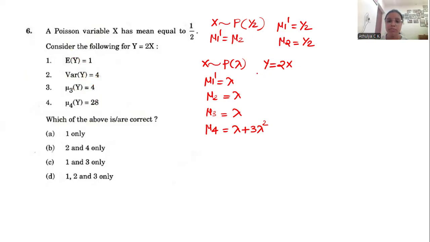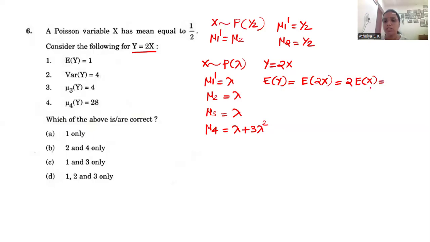From this relation, the expected value of y, that is mu1 dash, is equal to the expected value of 2x, since y is equal to 2x, a relation already given in this question. 2 is a constant that can be taken outside the expectation, so it can be written as 2 into the expected value of x.